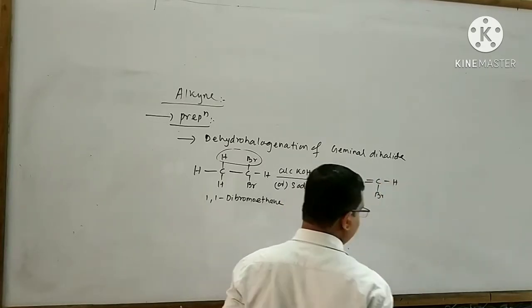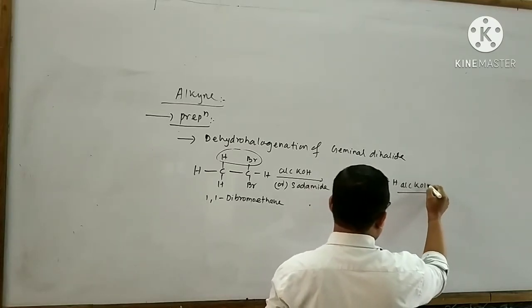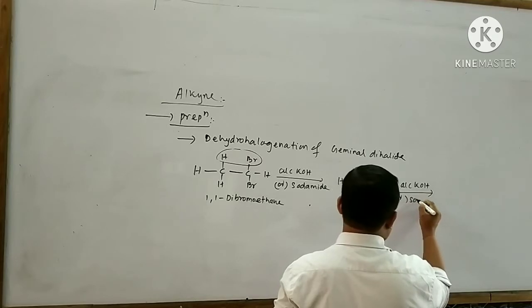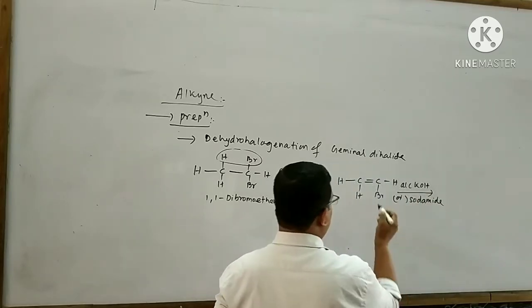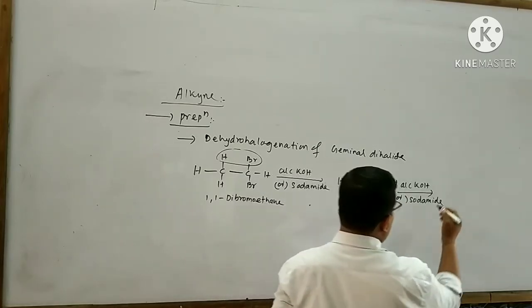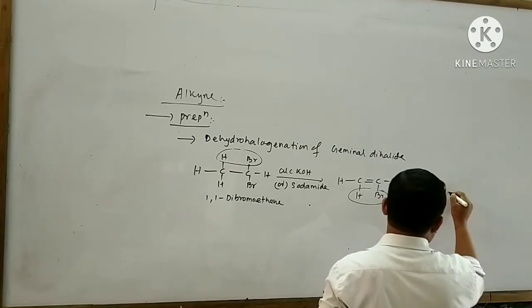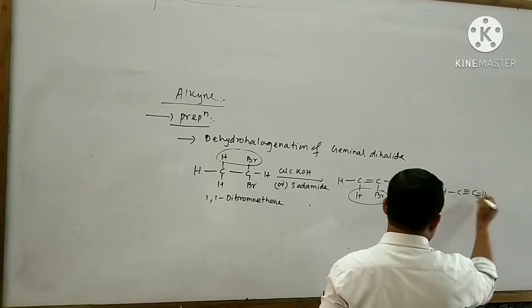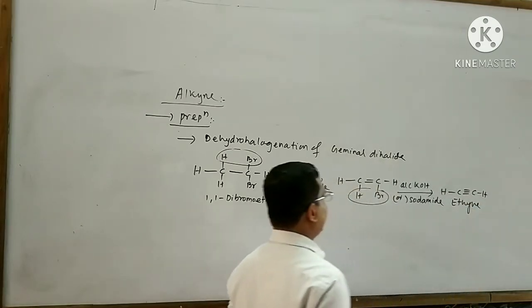Again give alcoholic KOH or soda amide. Then what will happen? Another HBr molecule will be removed like this, and we can form the ethyne molecule like this. This is said to be ethyne molecule.